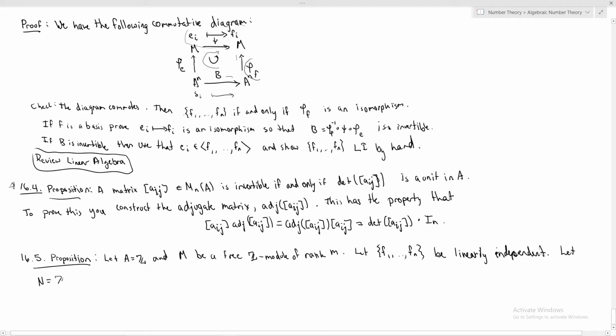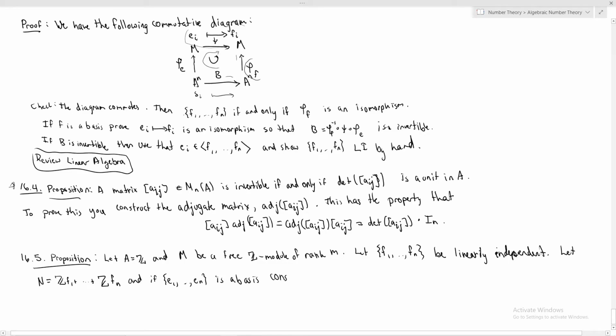N is going to be Zf1 plus ... plus Zfn. So this is the free module generated by f1 through fn, and let's say this is a basis.